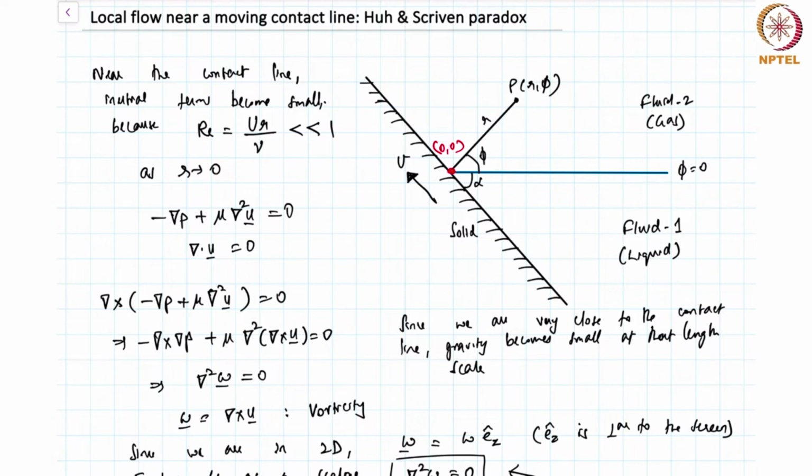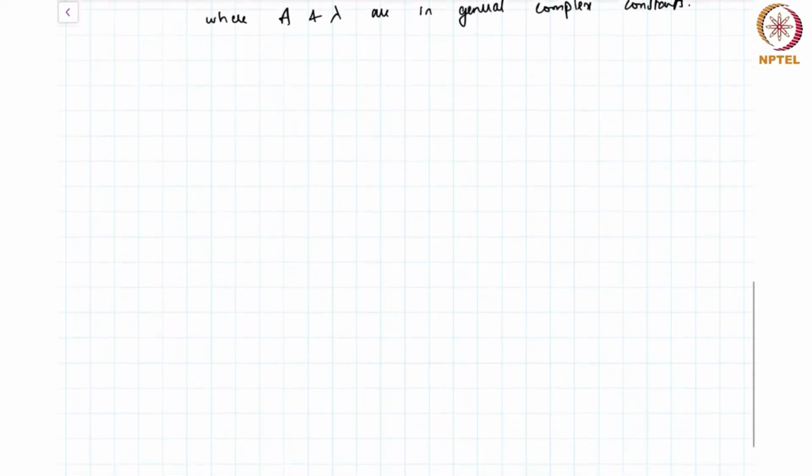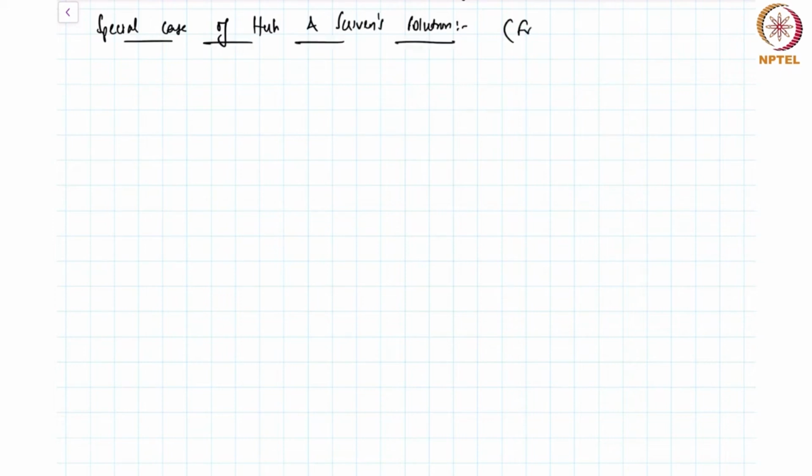But let's now look at a special case, so that we understand the singularity. Special case of Huh and Scriven solutions. We'll do it for a free surface flow. The idea is as follows.